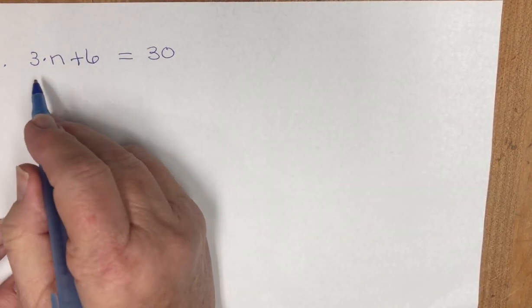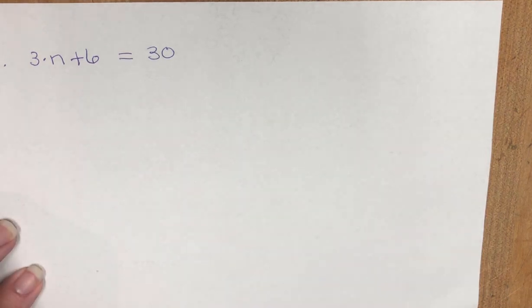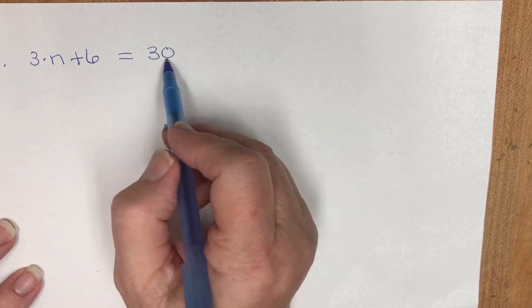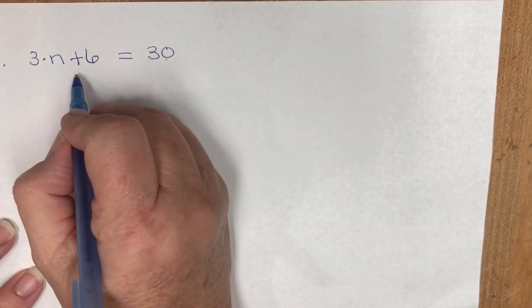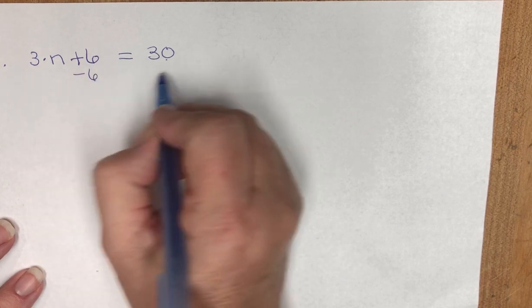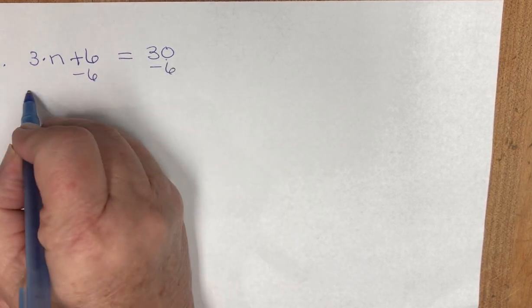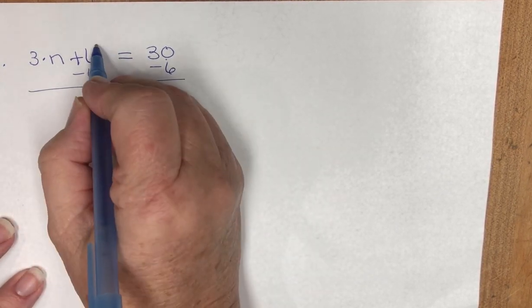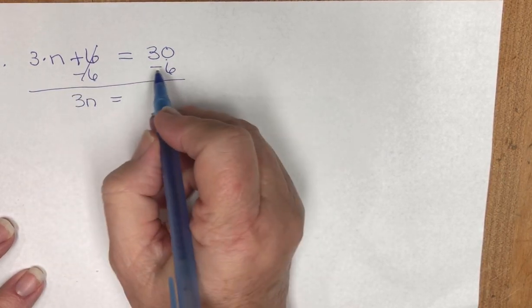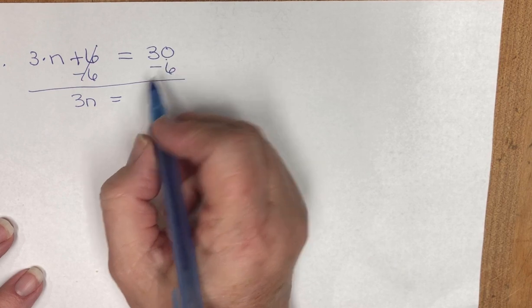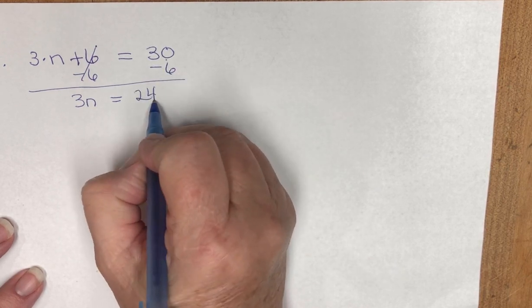So now that we've read it and we've translated the language, the English portion of it, into numbers, now we can solve it like we always do. First, we will subtract 6 from both sides of the equation, and this cancels, and now we have 3n equals, and when we have 30 minus 6, we're going to have a 24.